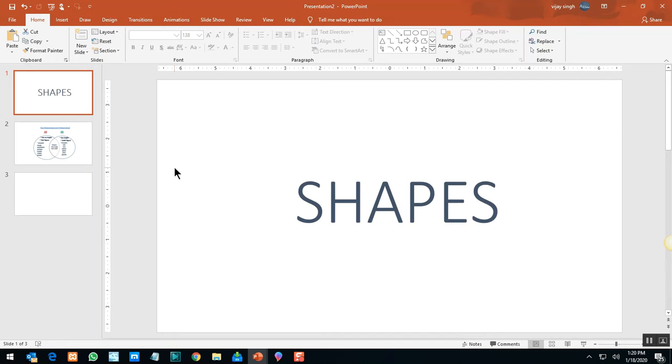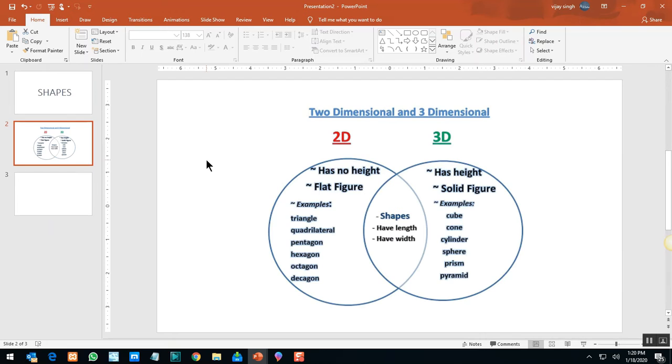I'm so excited. That's great. So let's start. First of all, just for your understanding, what is the difference between 2D and 3D? The 2D is the flat figure, and 3D is the solid figure.